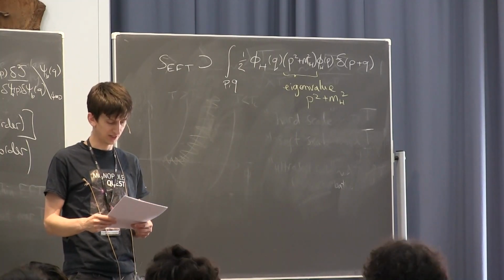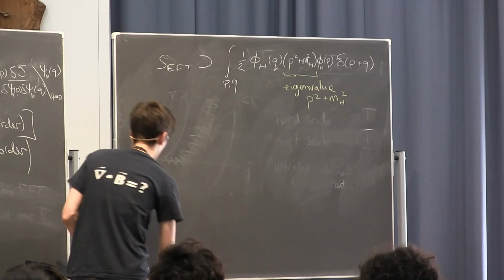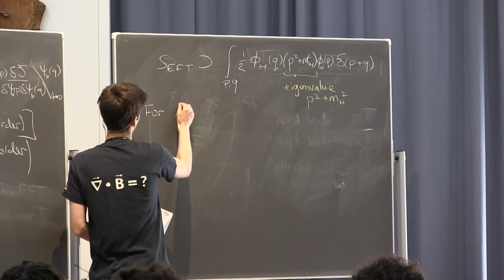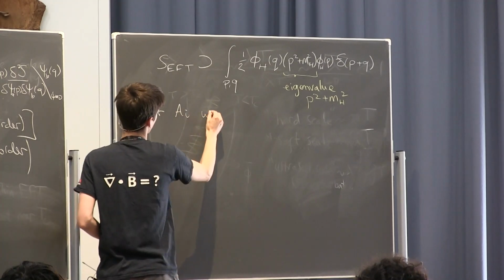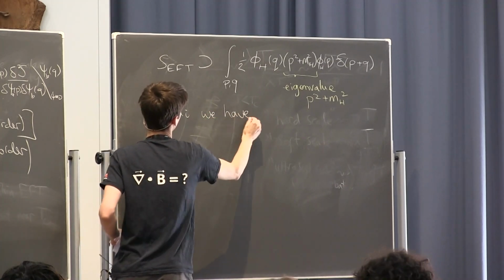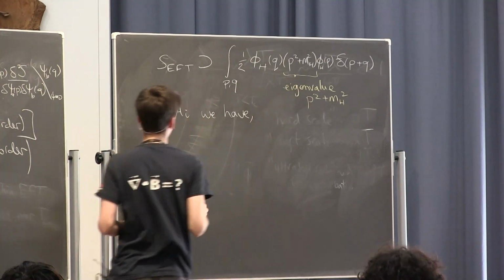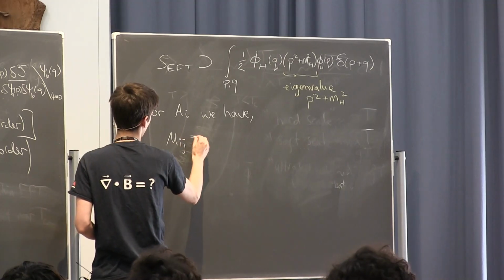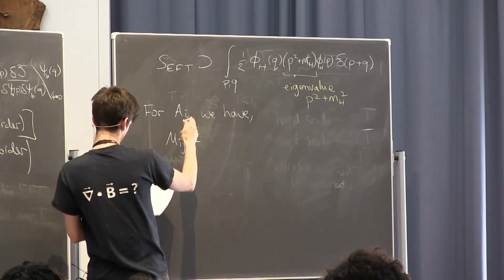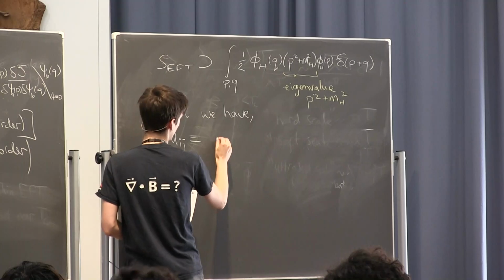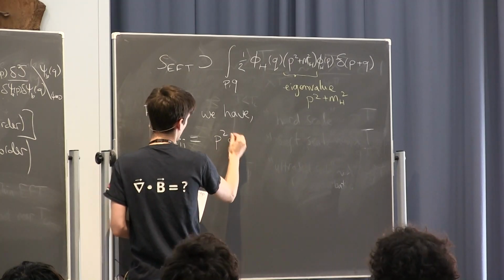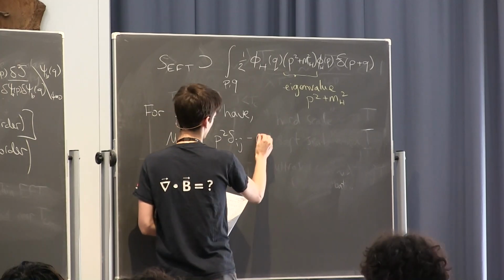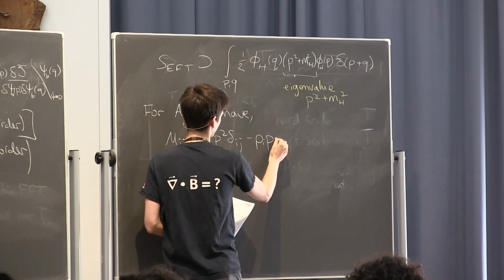For the gauge fields, it's a little bit more difficult. For the vectors A_i, instead of p squared plus m squared, if we expand out the action, we get the following. M_ij for A_i A_j is, from the usual kinetic term, p squared delta_ij minus p_i p_j.